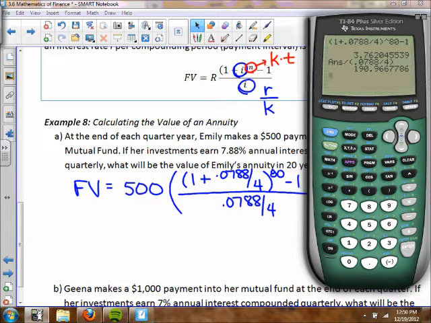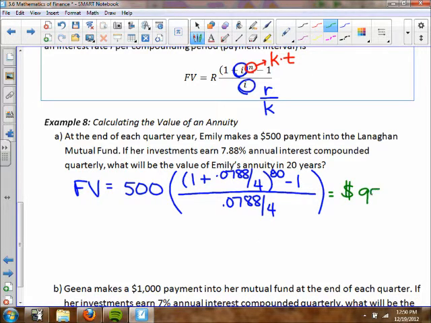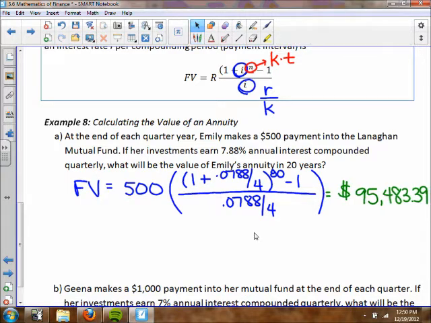And you get this. Multiply by 500. And you get your answer of $95,483.39. Now, don't try to put too much into your calculator right away. Do it step by step to make it easier for yourselves.